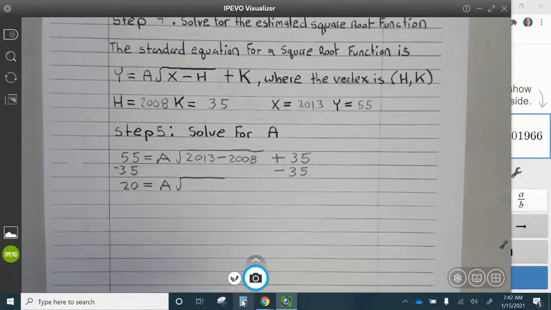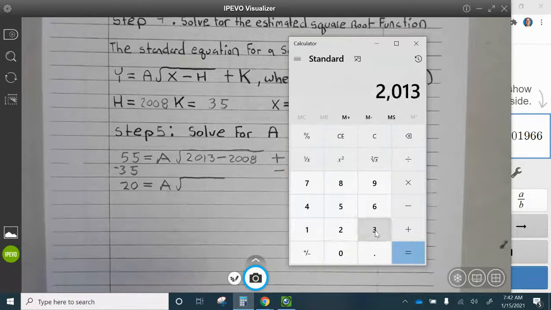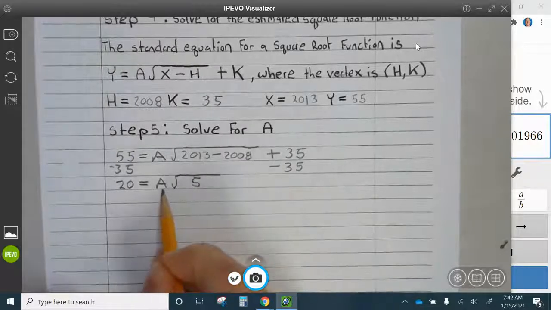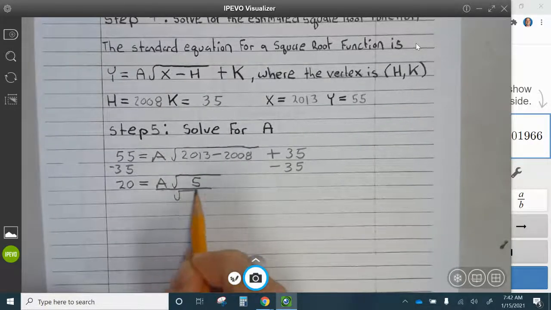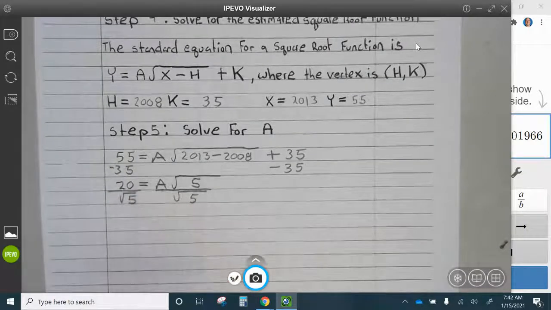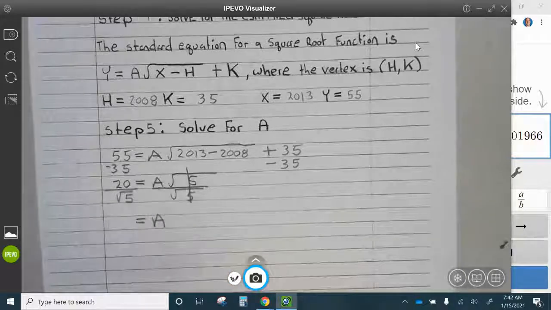I think that is 5, but let's just double check. It's 5, yep. So square root of 5. Now we divide both sides by the square root of 5. That divides and becomes 1. So a equals 20 divided by square root of 5.